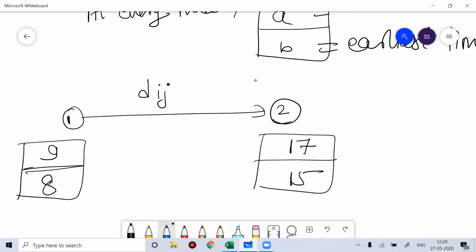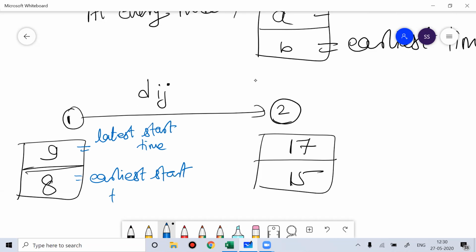So for activity 1 to 2, this is the latest start time, and this is the earliest start time.